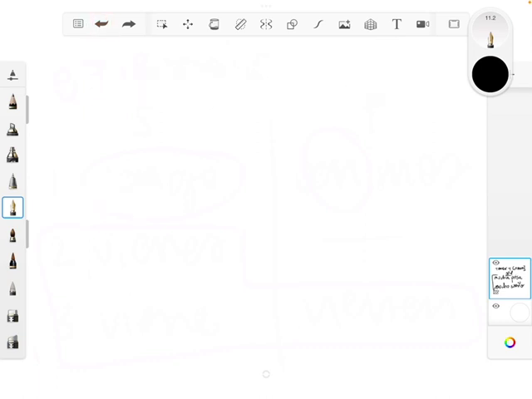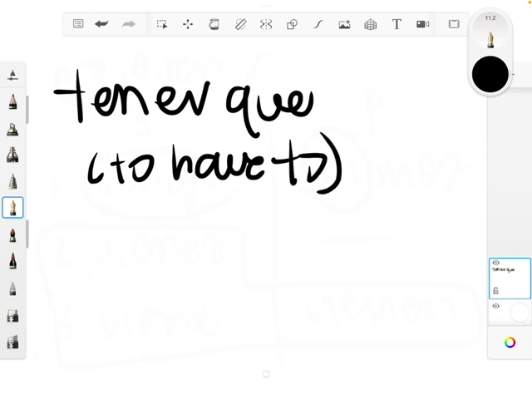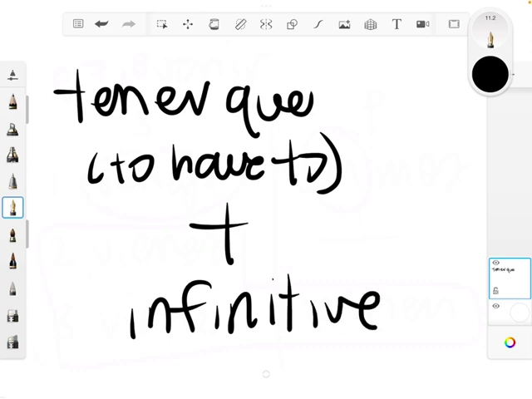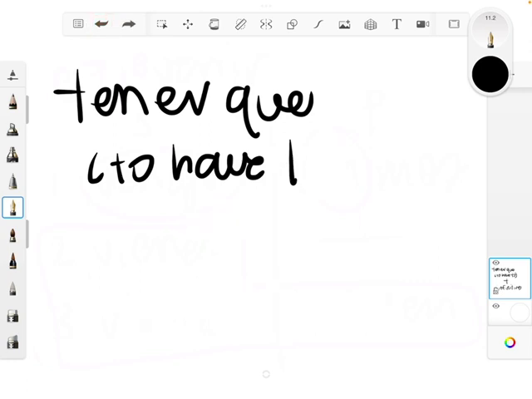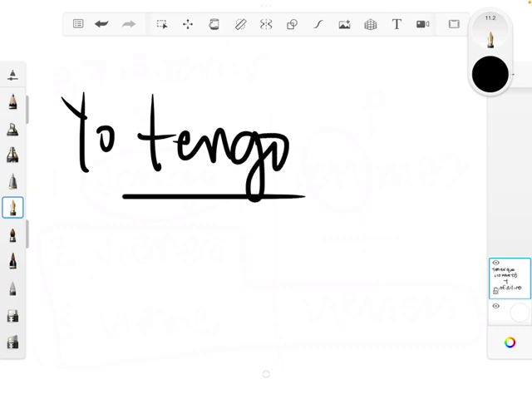Okay? So, to express an obligation, we can use tener, which is to have to, plus an infinitive. So, for example, yo tengo, you're going to conjugate that form, que limpiar.